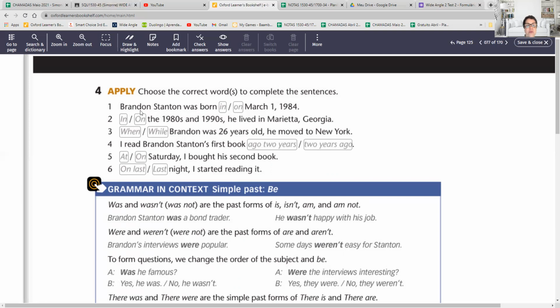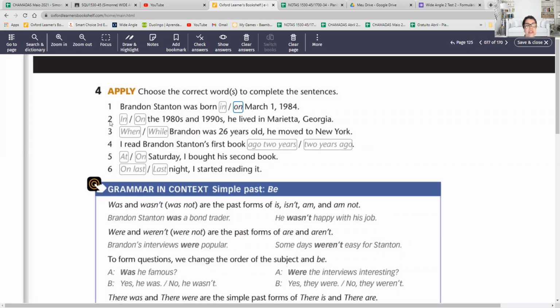Number 1, Brandon Stanton. Brandon Stanton was born March 1st, 1984. So which preposition is better to use here? Very good, Manu. On. Excellent, because we are mentioning the day.